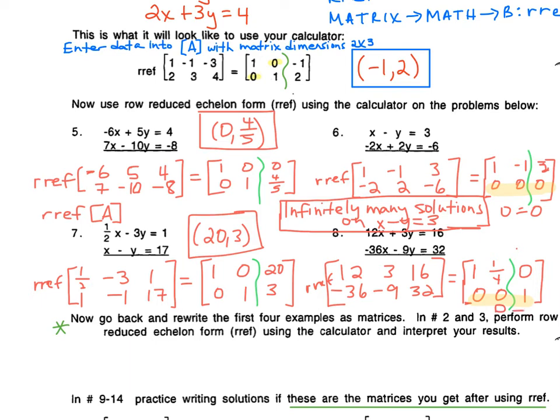So 0 is equal to 1. Sorry, I'm running out of space here. And we know then that if we're solving algebraically and our variables go away and we end up with a false statement like 0 equals 1, our final answer is no solution. You can either write the words no solution or you can use the mathematical symbol for no solution. Either one is fine. You don't have to include both.